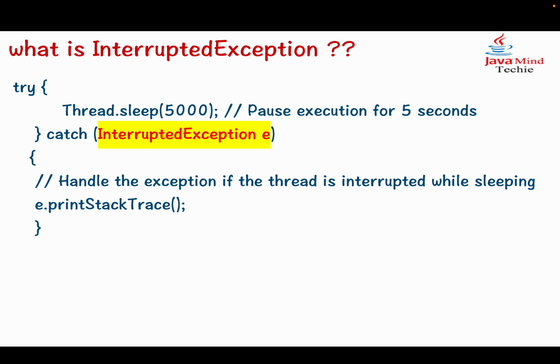Then, guys, see, what is an interrupted exception while you call the sleep method. You can see here I have written pseudocode. Already I have explained the sleep method is a static method, because you can call this method with the help of the class name. You can see Thread is the class name, Thread.sleep. If you pause this thread for 5 seconds, you are going to forcefully interrupt this thread.